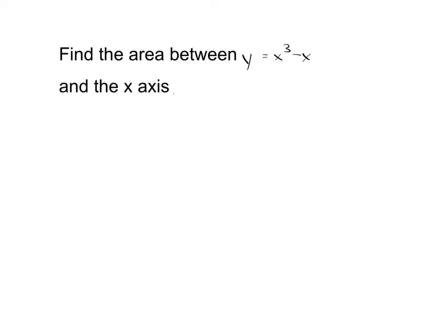All right, for our last example in this section, we're finding the area between y equals x cubed minus x and the x-axis. And for this one, again, we're going to look at a sketch of this graph. What's kind of interesting is if you factor this out, you get x times x minus 1 times x plus 1.